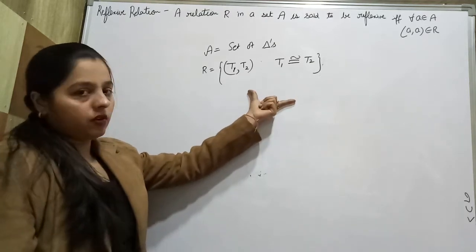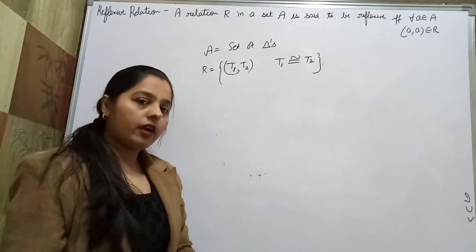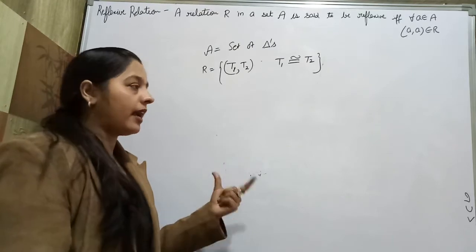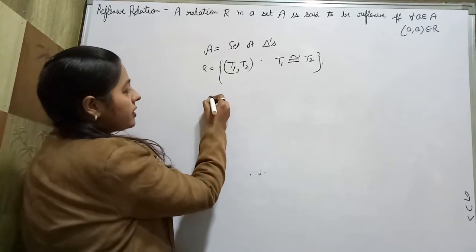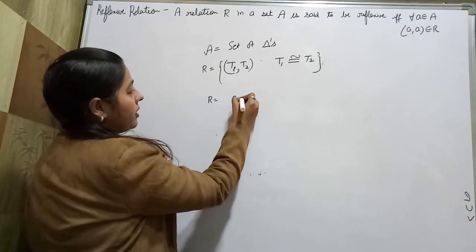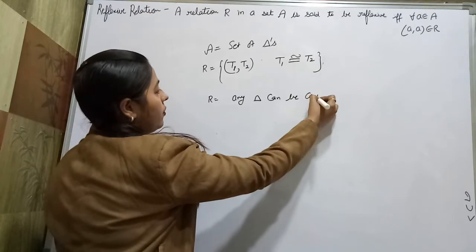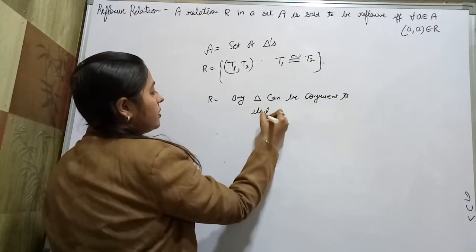So what you learned about congruency, can you say a triangle is congruent to itself? Have you ever heard about it? So think about it. Yes, any triangle can be congruent to itself. So for a reflexive relation, any triangle can be congruent to itself, right?